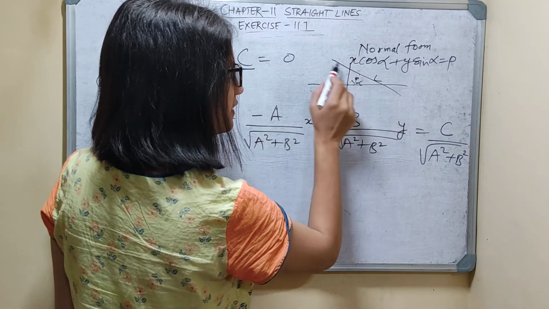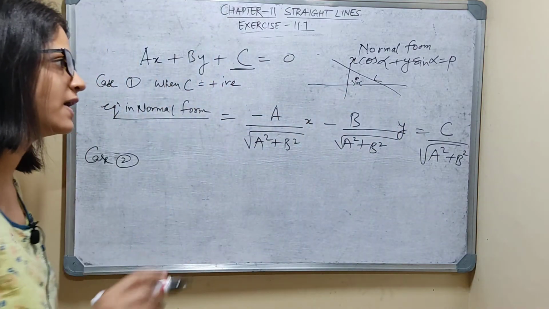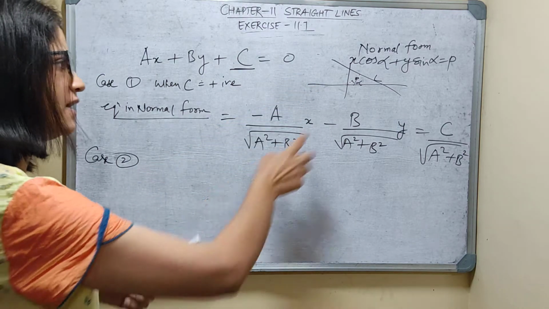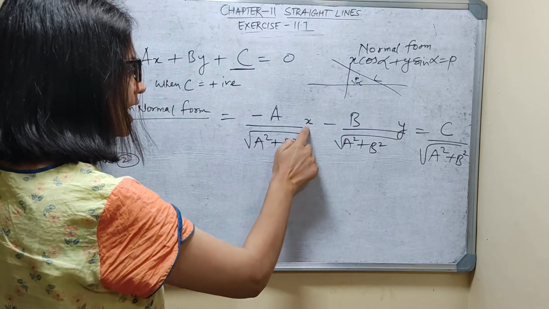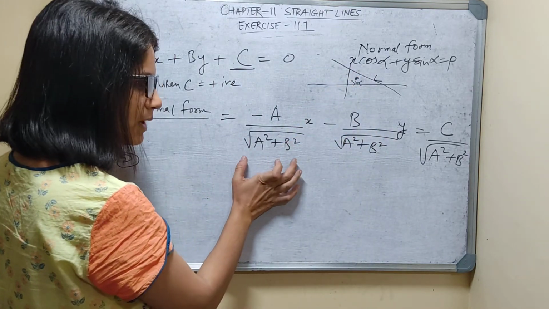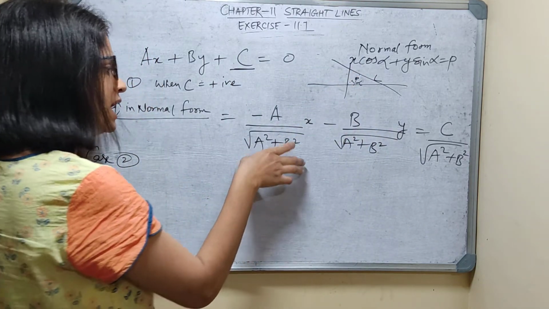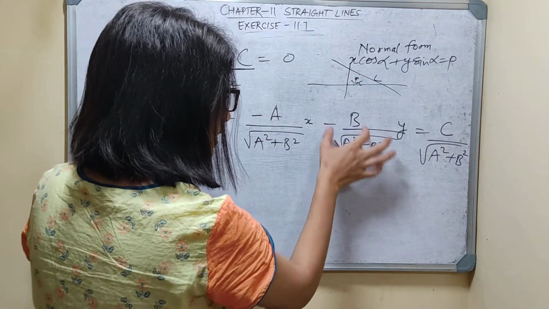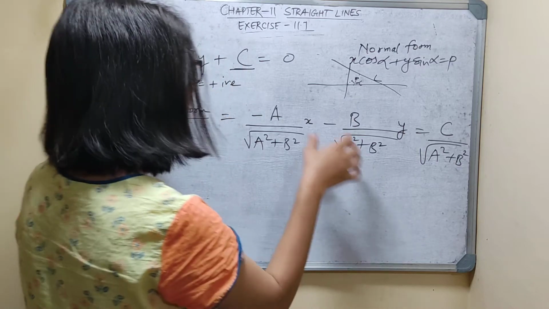So this equation is x cos alpha plus y sin alpha is equal to p. Is it clear? So in this case, cos alpha is equal to minus a upon root of a square plus b square, and sin alpha is equal to minus b upon root of a square plus b square.